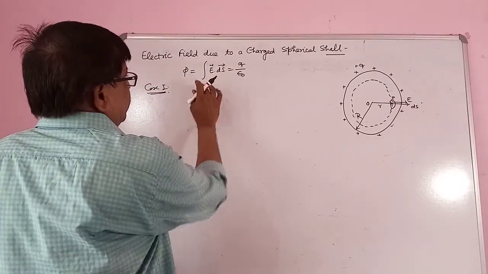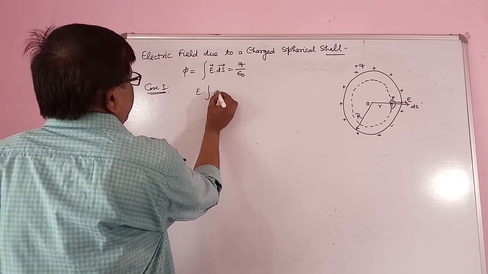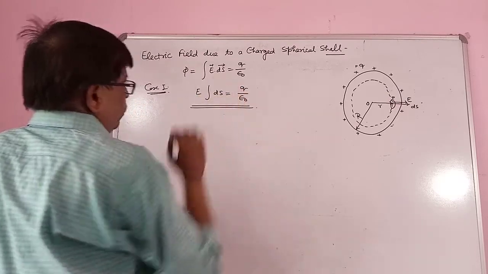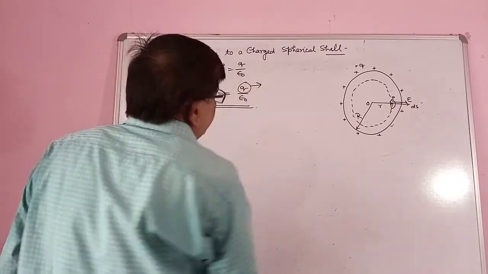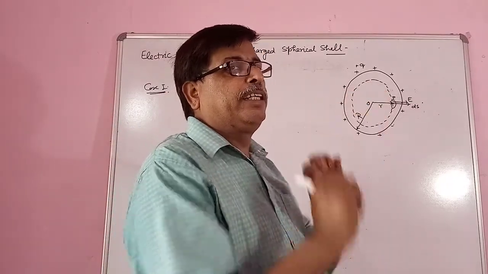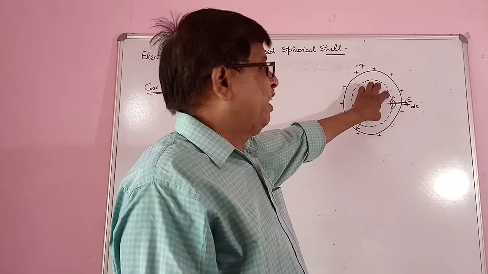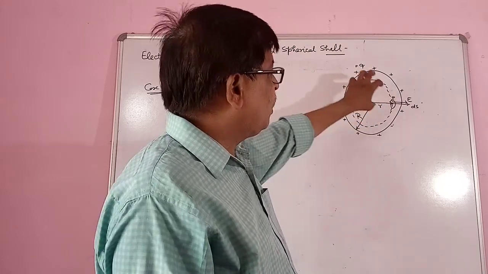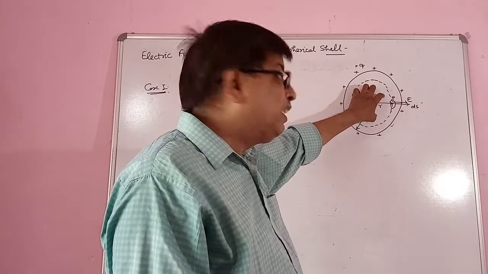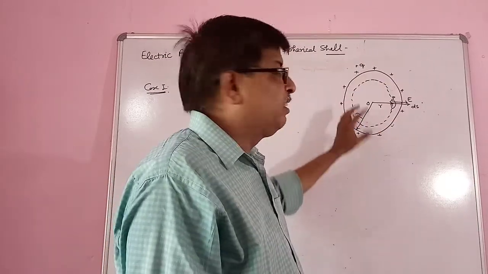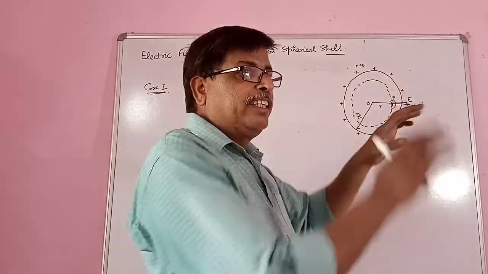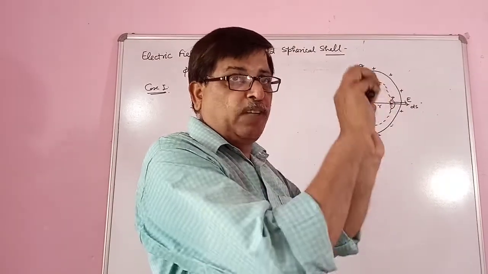Now apply this: E ds equals Q upon epsilon. Now the main thing is Q. Q is the charge enclosed by that Gaussian surface, and in this case the total charge inside the Gaussian surface is 0. Whatever charge we gave is on the surface. Charge is distributed on the surface, and inside this is a hollow sphere or spherical shell.